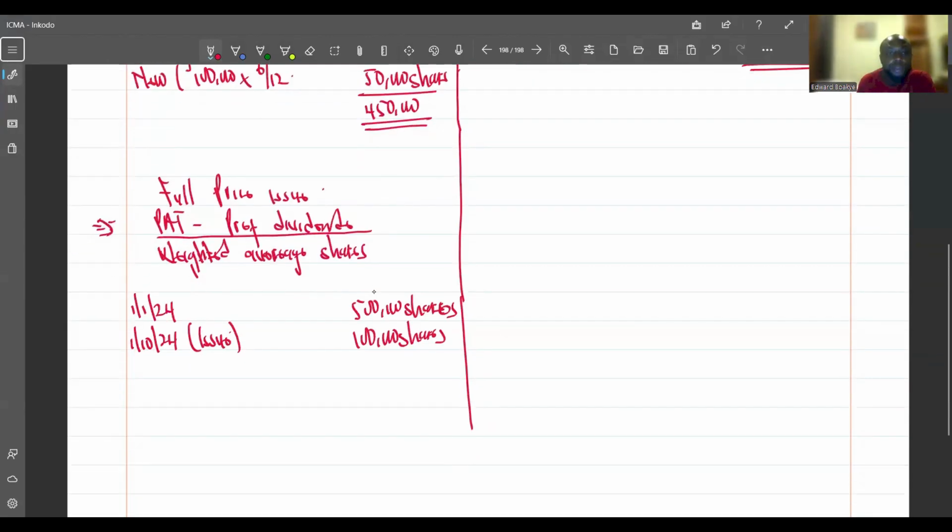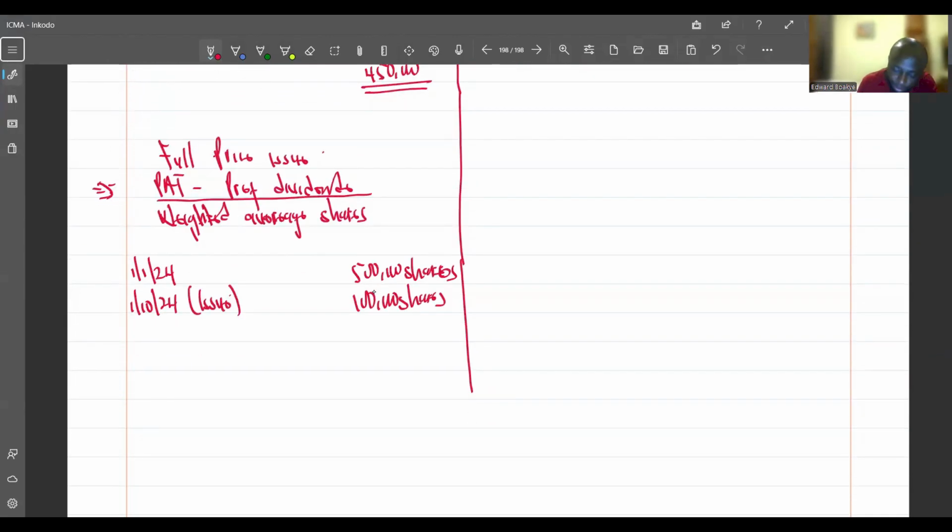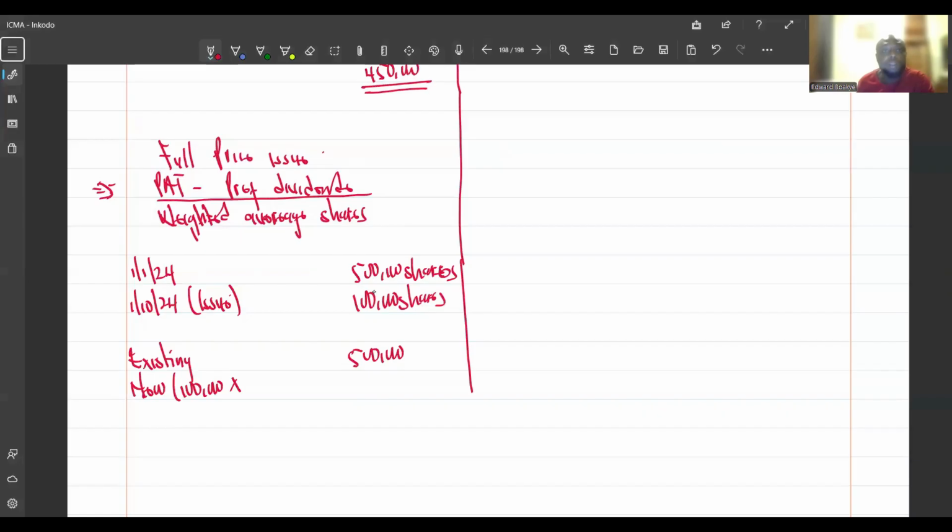Now, our weighted average shares is going to be: we already have the existing 500,000. So the new is going to be 100,000 times, we have October, so it means we have 3 months to go: October, November, December. So which is 3/12.